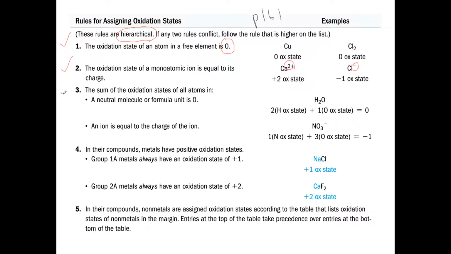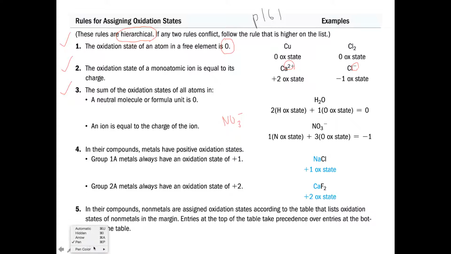Rule 3: the sum of oxidation states of all atoms in a neutral molecular formula unit is 0. So in H2O, which I just did in a previous slide, it's 0. In an ion, it's equal to the charge of the ion. So nitrate, using the notation from the previous slide, looks like that.